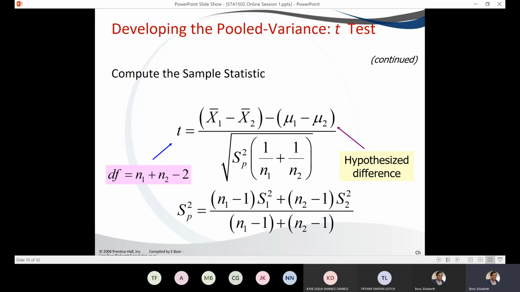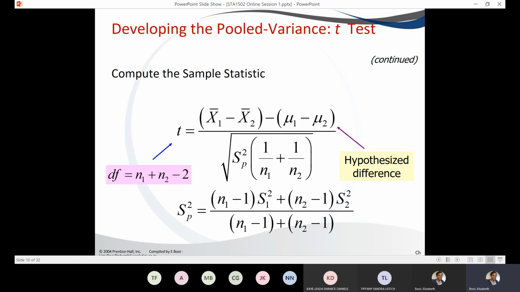To calculate the test statistic, remember we're doing a t-test statistic. The formula is t, representing the t-test, which will take the mean of sample 1 minus the mean of sample 2, minus your population mean 1 minus the population mean 2.